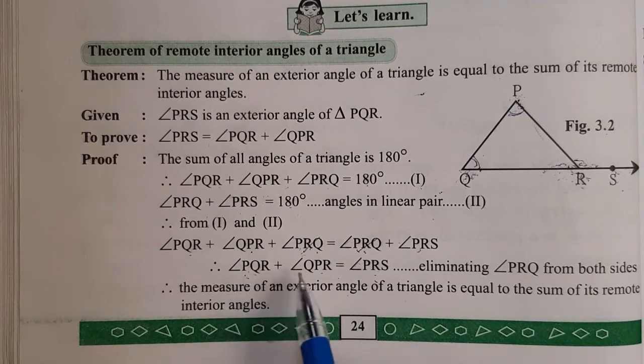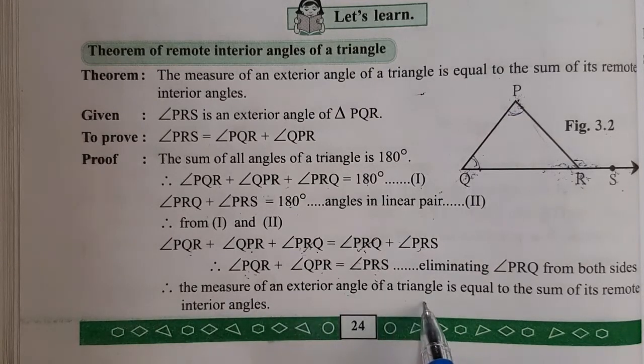Angle PQR plus angle QPR equals angle PRS, by eliminating angle PRQ from both sides. Angle PRS is the exterior angle, and PQR and QPR are the remote interior angles. So we proved that the measure of an exterior angle of a triangle is equal to the sum of its remote interior angles. Okay students, got it all of you?